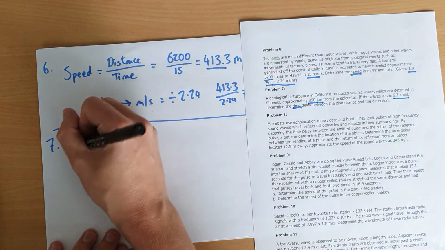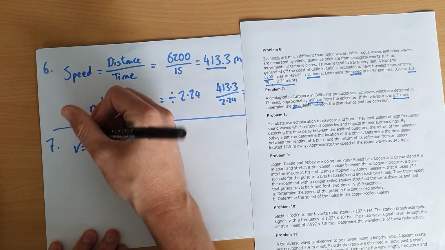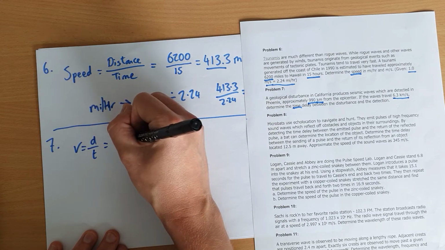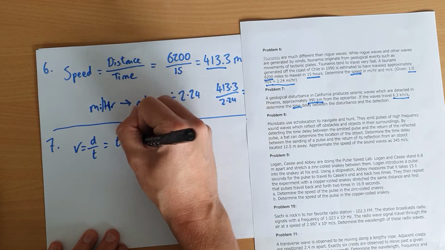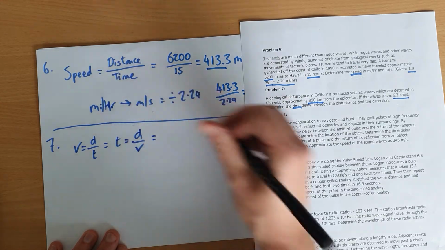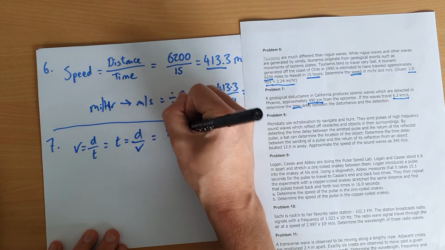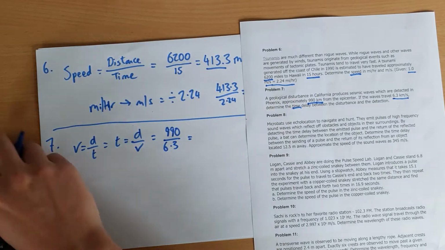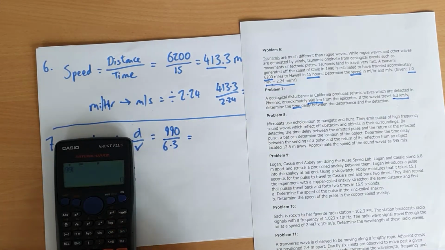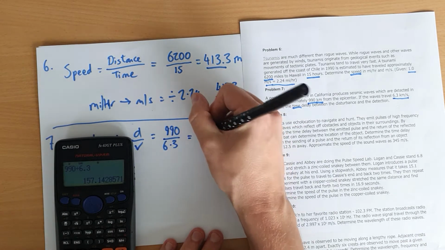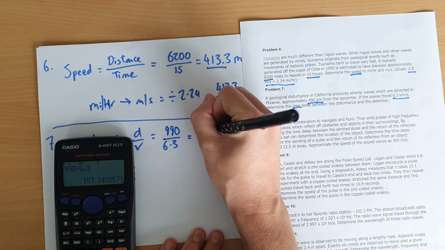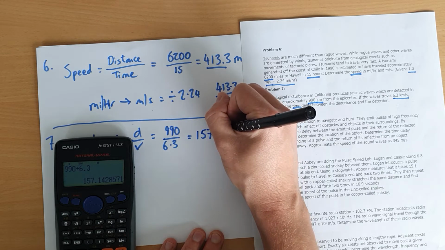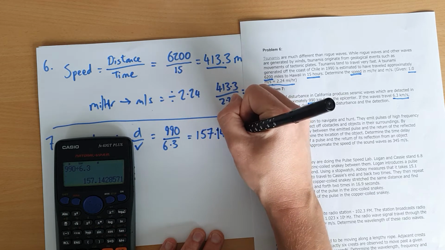So in this case, we know that velocity or speed is distance over time. So time is therefore equal to distance divided by velocity. Now distance we know is 990, and we divide that by 6.3, and it gives us 157.14 seconds.